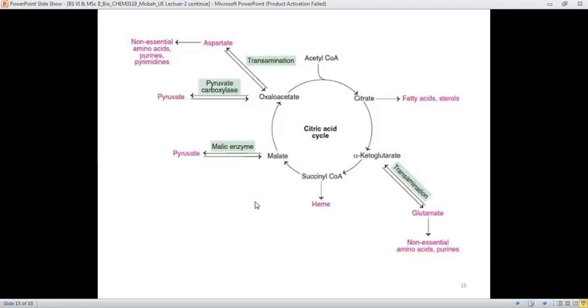It means that these intermediates, like citrate, alpha ketoglutarate, succinyl CoA, are all intermediates of TCA, and therefore they are responsible for the synthesis of other biomolecules. And similarly, some other biomolecules are also responsible for replenishing or filling up these intermediates.